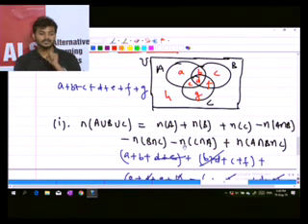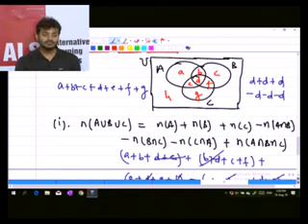But now what happened actually? To subtract this one time, you were actually having this D region. Now look at this D, common to all three, from A, from B, from C. You add D plus D plus D. But when you did minus this, minus this, minus this, what you did is D minus D minus D. So you have subtracted exactly the same number of times you have added it, three times.